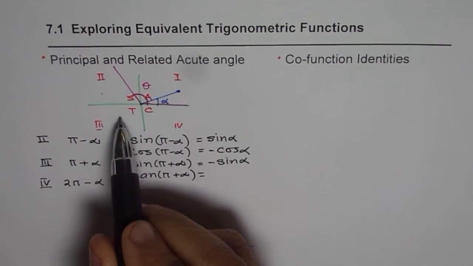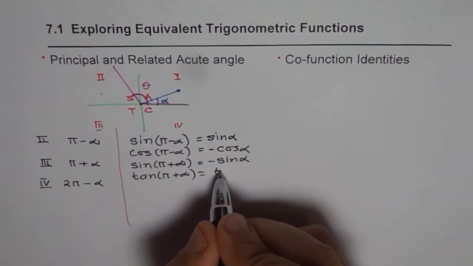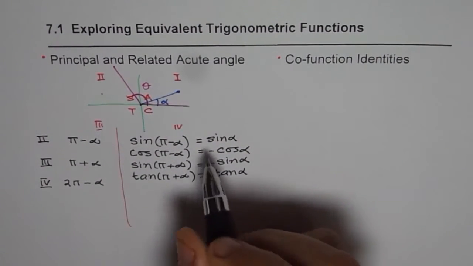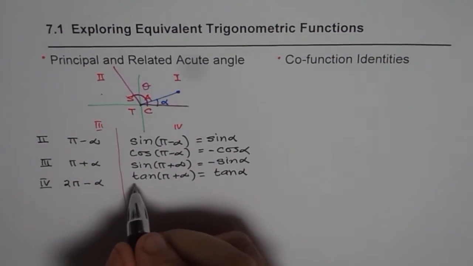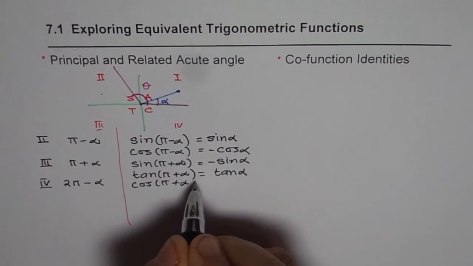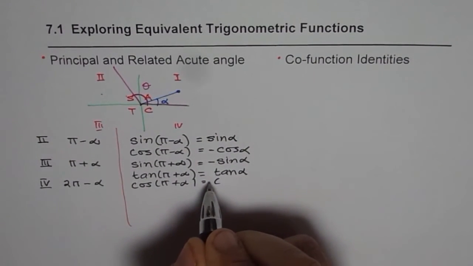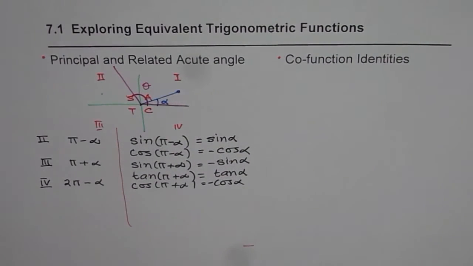Now tan is positive, therefore it should be written as positive tan alpha. You get the point, right? You can fill up with other identities also. Now let me just complete it by writing cos of pi plus alpha should be equal to cos with a negative sign of alpha.